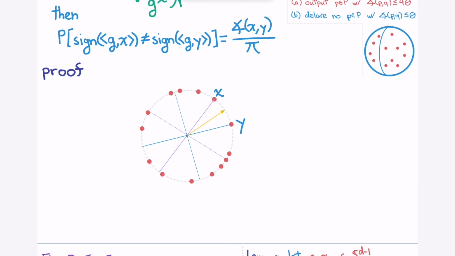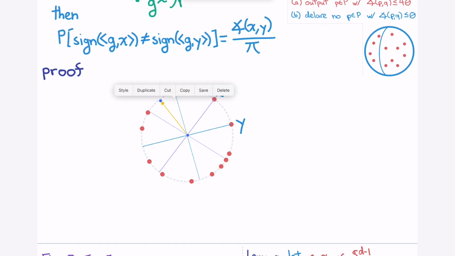Okay, so if my random vector was here, would they get the same hash code? Everyone but one person says yes. Okay, so here they're both going to be positive. What about here? They'll both be projecting positively. What about here?